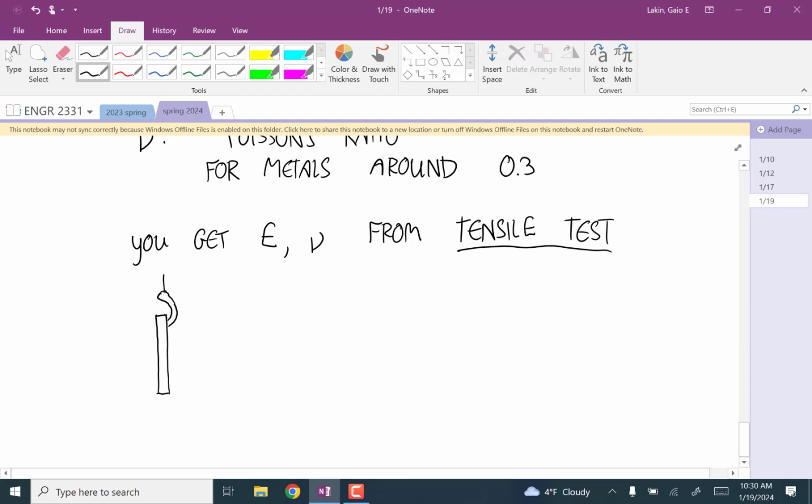Obviously, the forces we're going to be talking about are pretty huge. So this is the material sample, and you apply forces like this. Basically you just have to stretch that material a little bit.